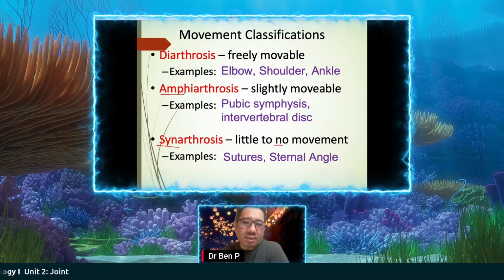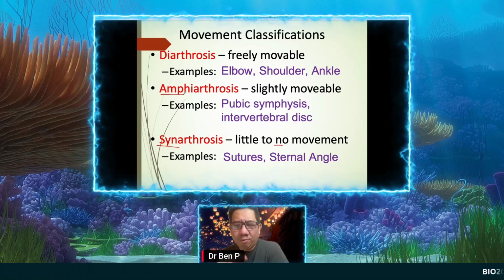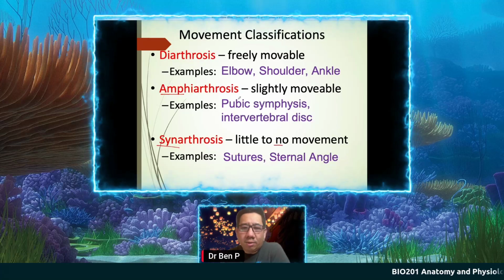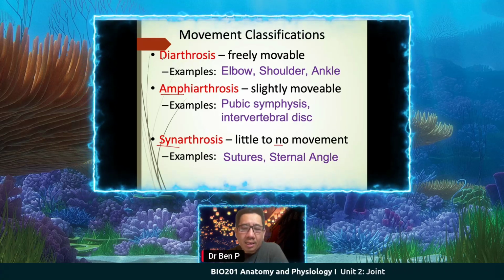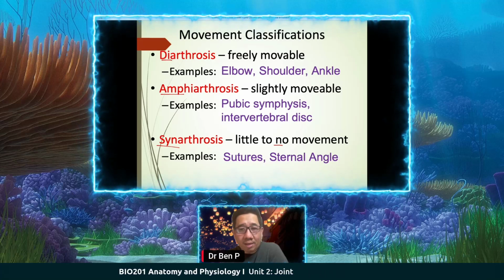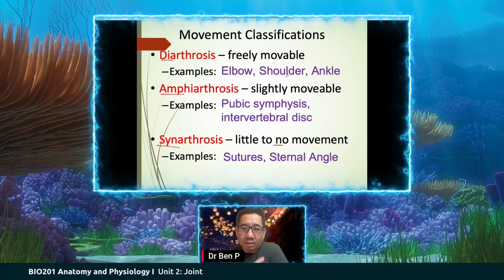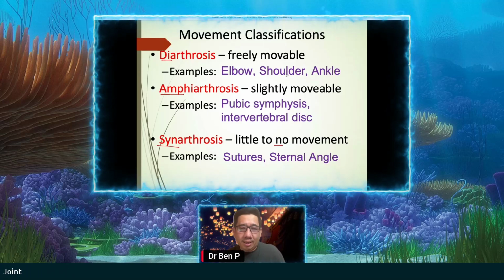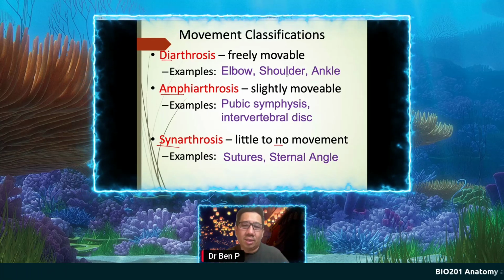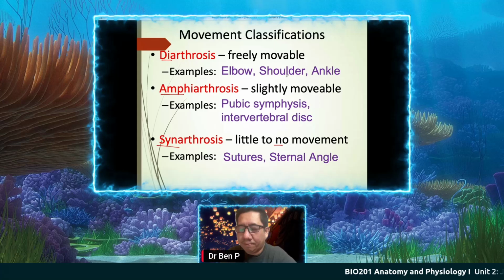Amphi means moves a little, slightly movable, like your intervertebral disc and your pubic symphysis. And dia means move all the time, freely movable: your elbow, your shoulder, your ankle, all of those are diarthrosis. You should know these three types and the examples of them for your test.